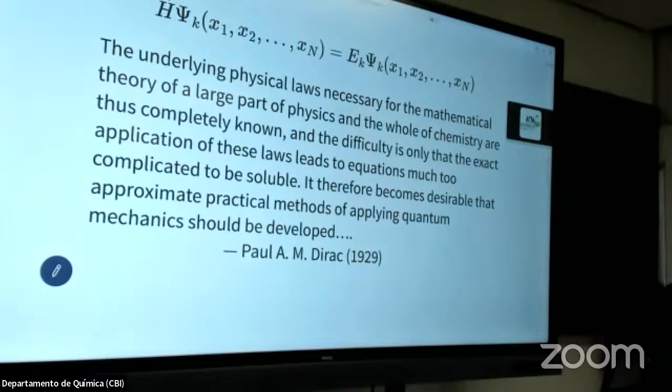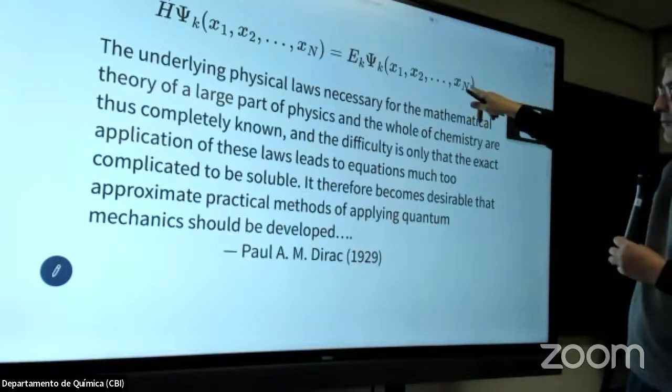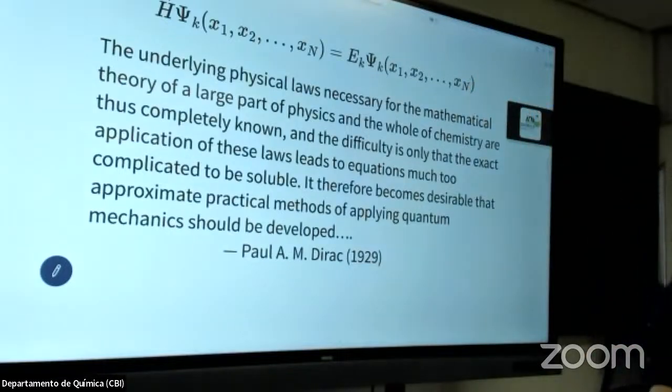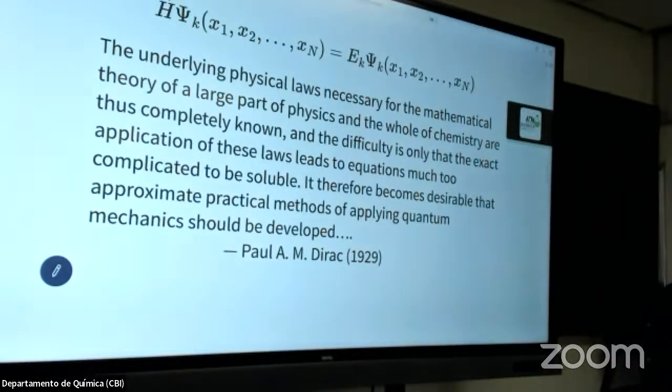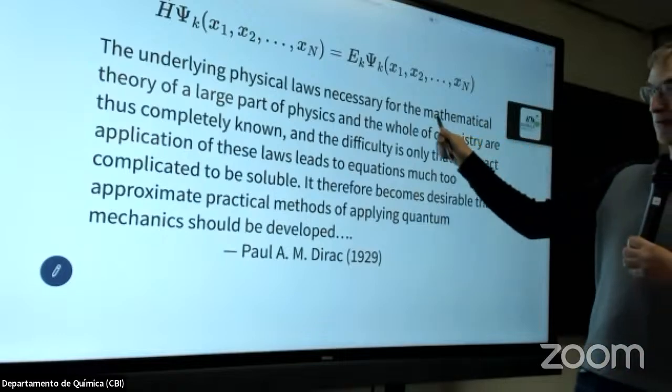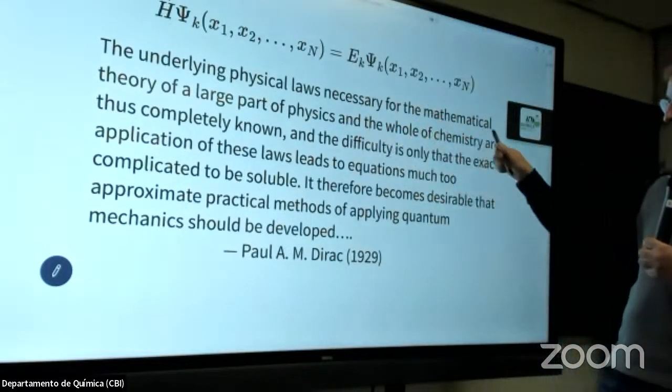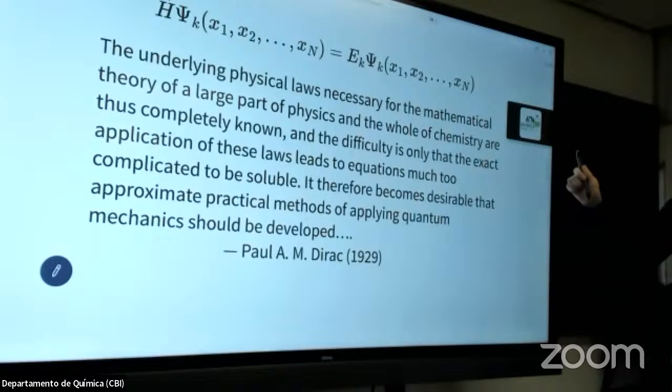I wanted to start by saying that this goes into the family of, we're trying to solve the Schrodinger equation. This is my Schrodinger equation, right? Everyone here has probably heard this famous quote from Dirac without the last sentence. It says, the underlying physical laws necessary for the mathematical theory of a large part of physics and the whole of chemistry are thus completely known.